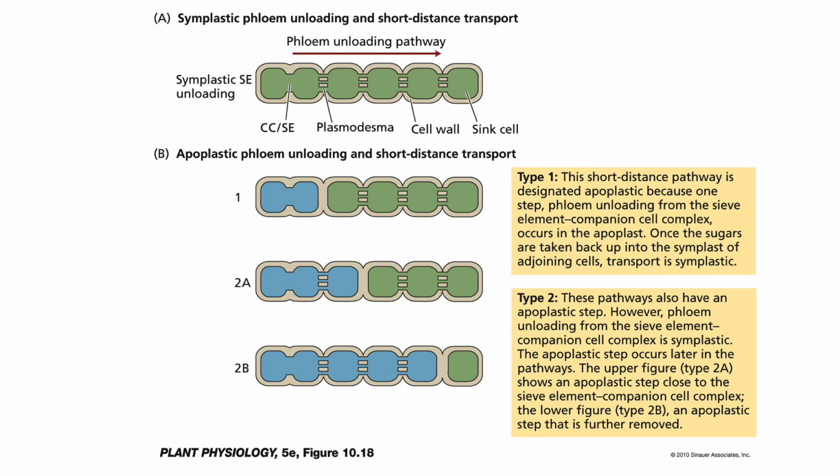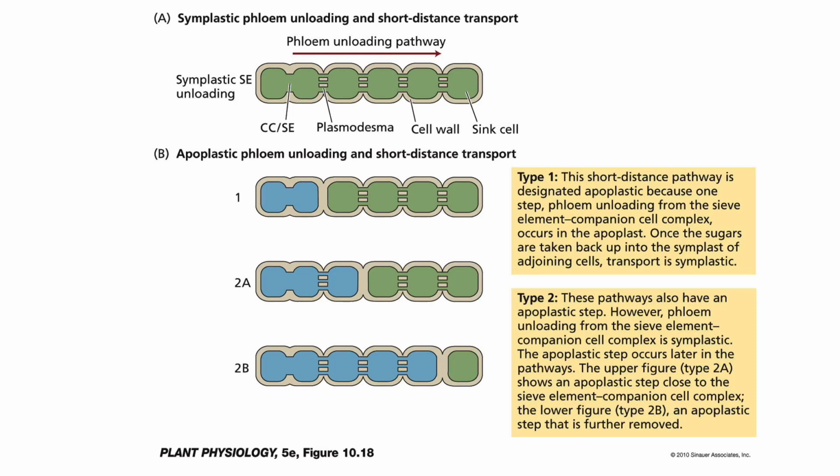In addition, there's an apoplastic pathway for phloem unloading where there can be a block in the symplastic transport pathway, which requires an unloading of the sugar into the apoplast and an active transport in which that cell actively takes up sugars in a similar mechanism to phloem loading with a sucrose transporter.